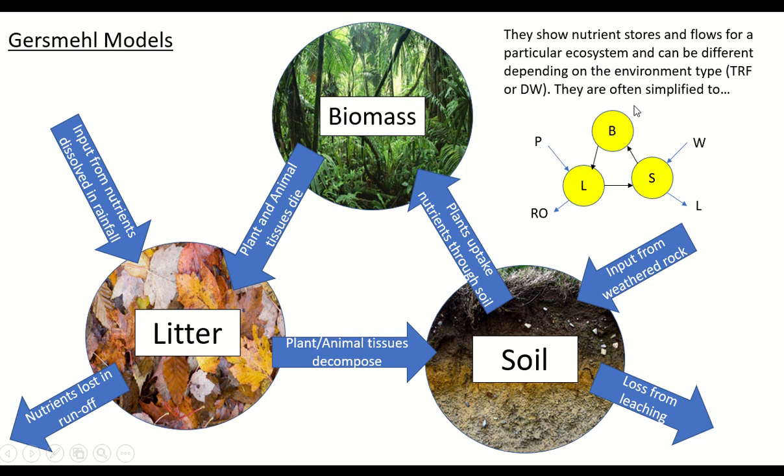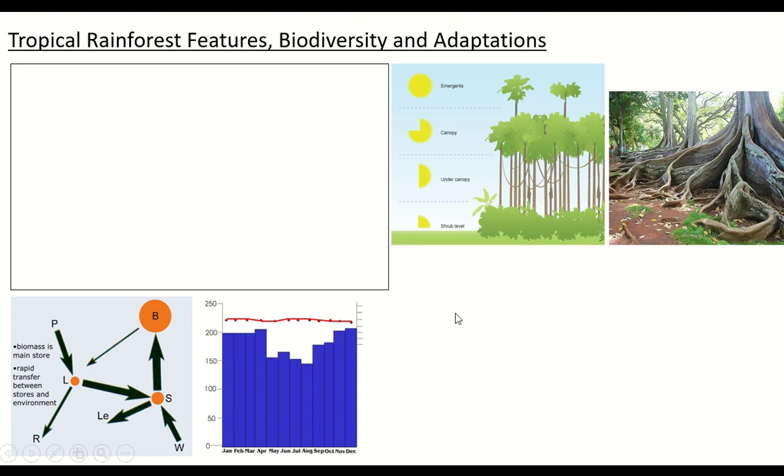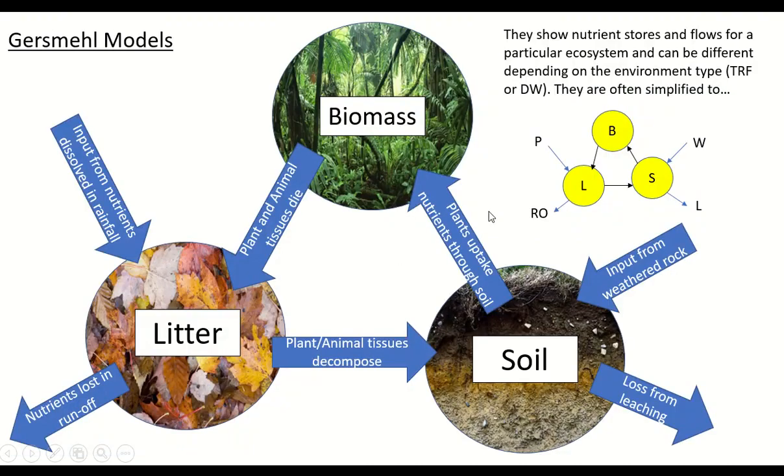The other thing about these is they're quite useful because the size of the store can change depending on the type of ecosystem. So I'll go back to this in a second. If, for example, you have most of your nutrients in your biomass because you've got lots of plants and animals, then this circle would be bigger.